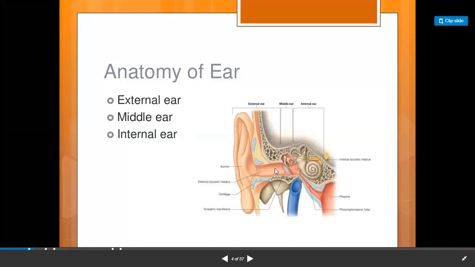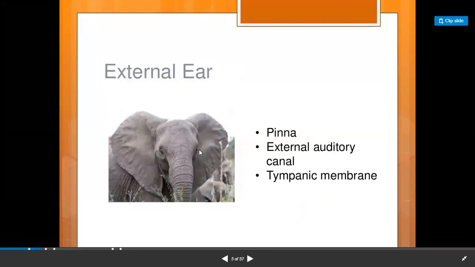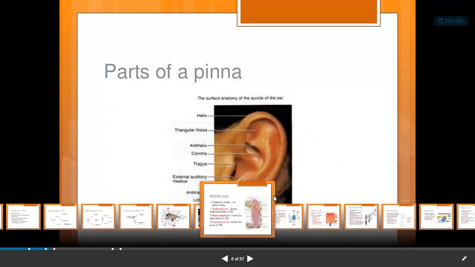From this picture, it is now very much clear to us the parts of the ear. We have external ear, we have middle ear, and then we have internal ear. The external ear is also called pinna, and we see in the external ear the passage which is partly cartilage and bony is external auditory canal, and the entry point into the middle ear is tympanic membrane.